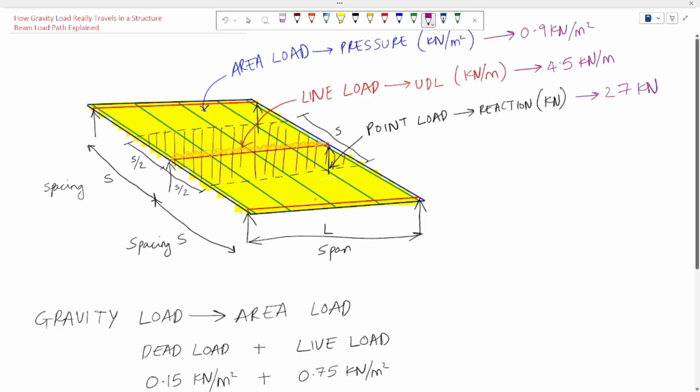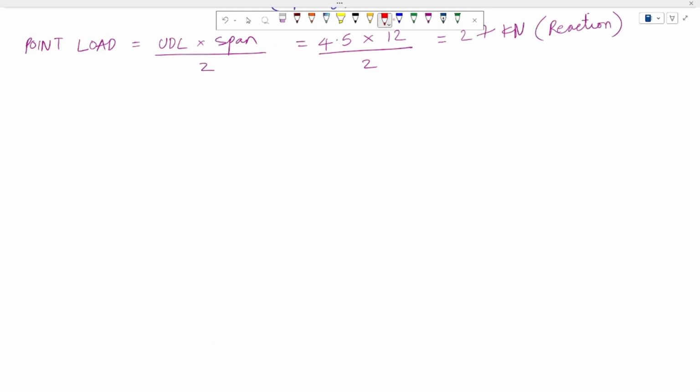So we can see how pressure moves to UDL and how UDL moves to reaction. So this is our beam subjected to UDL with the span of 12 meter and UDL of 4.5 kilonewton per meter, which is supported by these supports.